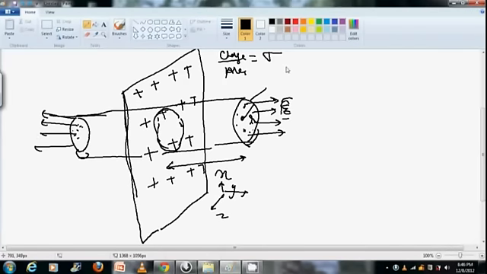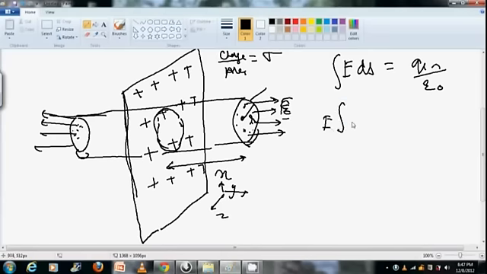Now the Gauss law says that the integration of E ds is equal to q in by epsilon naught. So consider this cylinder as the Gaussian surface. Here the electric field is all the same, here it's the same. So E is the same from symmetry, so E will come out of the integral.